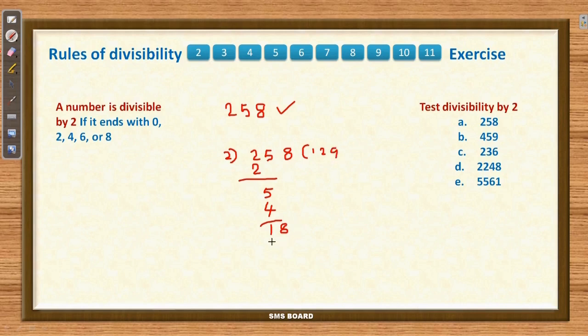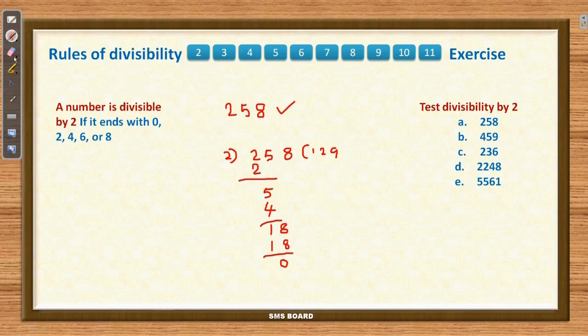So 2 into 9 is 18. Remainder is 0. So this number is divisible by 2. By checking this by the long division method, we understood 258 is divisible by 2. By rule also, this number is divisible by 2 because it ends with 8.